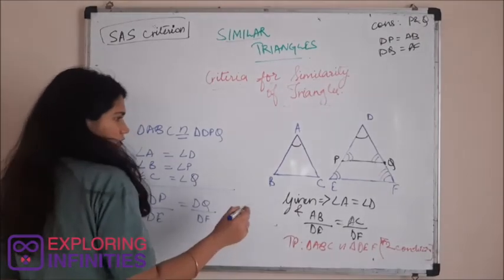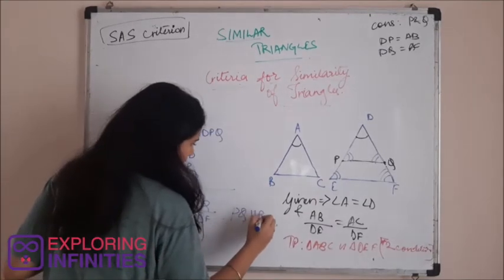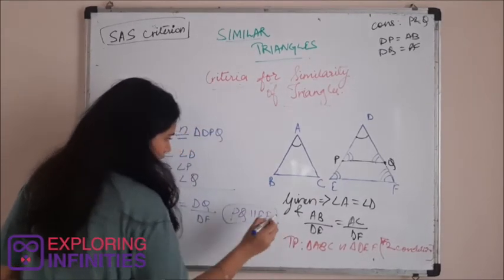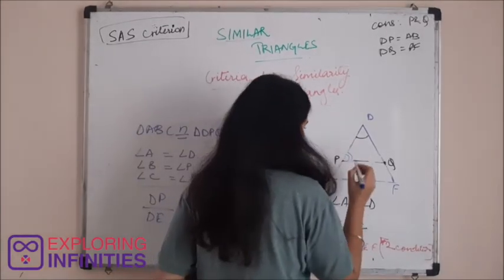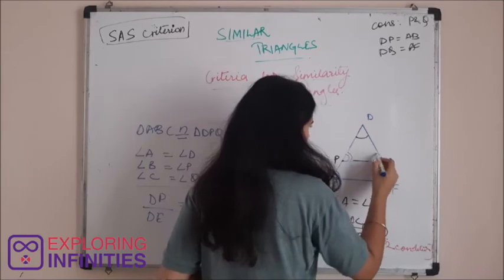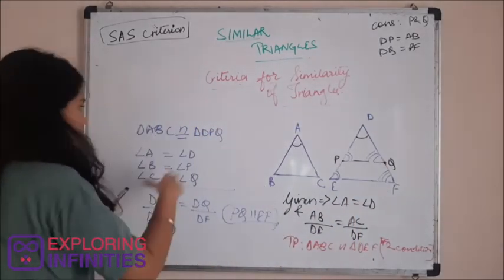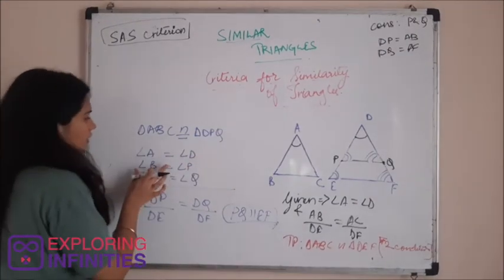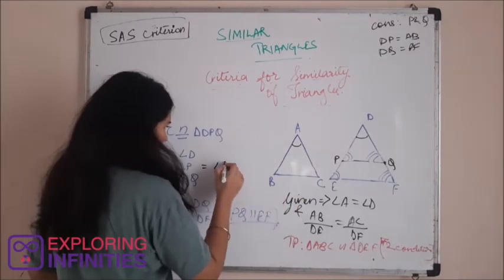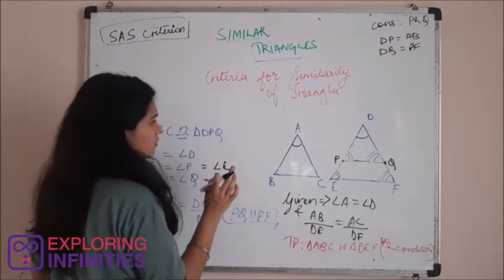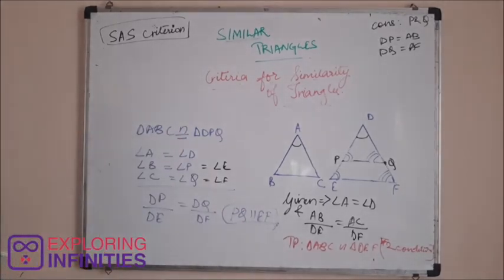So we can say that PQ is parallel to EF, hence we can conclude that angle P equals angle E and angle Q equals angle F. Right, so I'll add that here as well, that angle B equals angle P which is equal to angle E, and angle C equals angle Q which is equal to angle F. So we have with us our first criterion.